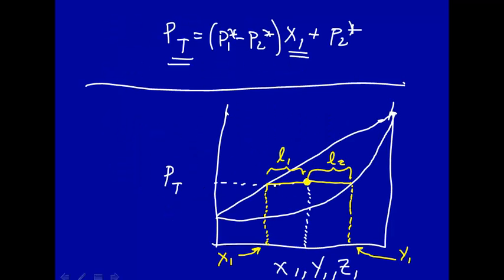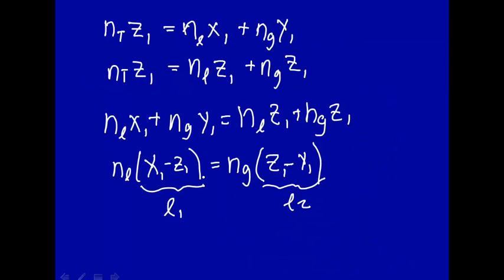By the way, we started out with this as z1, so this is z1. So x1 minus z1, and this would be z1 minus y1. So these are just L1 and L2.